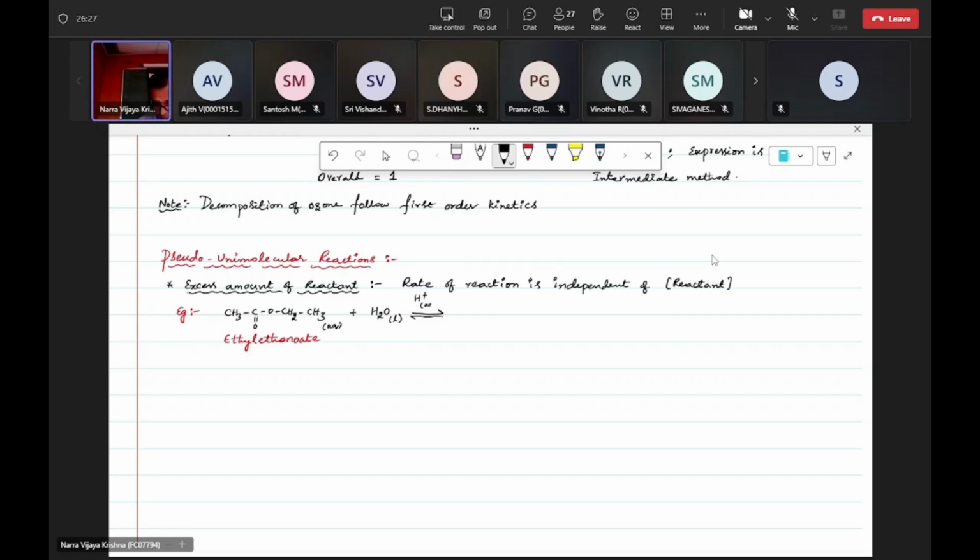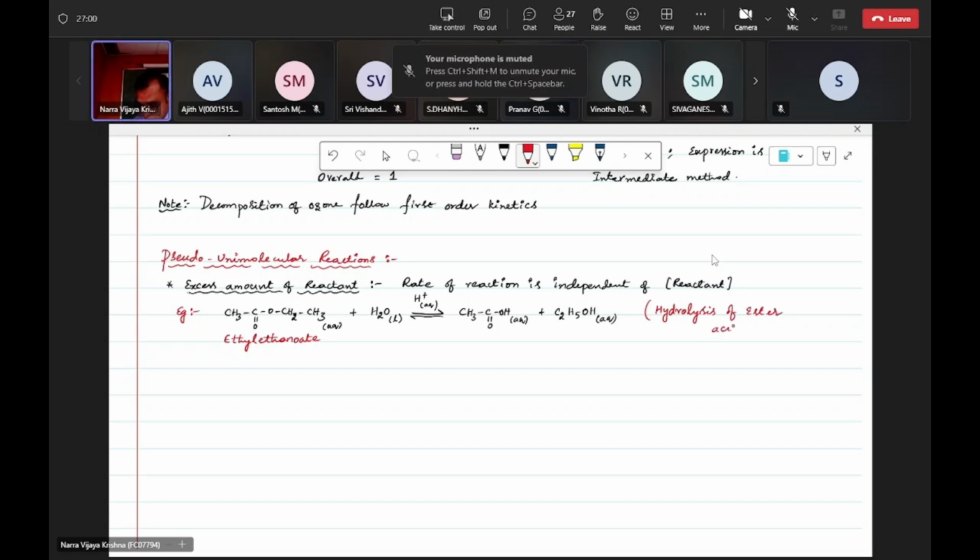In acidic medium it undergoes hydrolysis to form acid plus alcohol. We call this reaction hydrolysis of ester. In what medium? Acidic medium. Hydrolysis of ester in acidic medium.